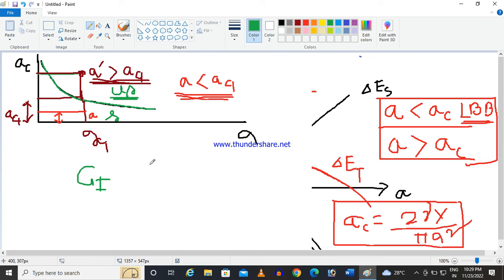So this is G1, which is the strain energy release rate. Definitely the strain energy release rate will be dependent on the surface energy, which is nothing but K1 square by Young modulus.